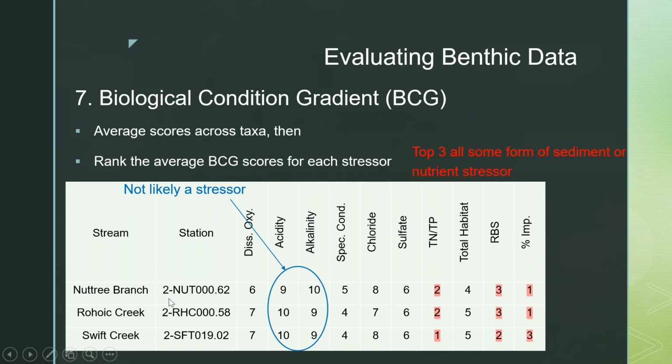For each of these streams, things having to do with nutrients and sediment were either 1, 2, or 3 in terms of the highest average biological condition score across all taxa for that station. So that's a good indication that those might be probable stressors in these particular streams.